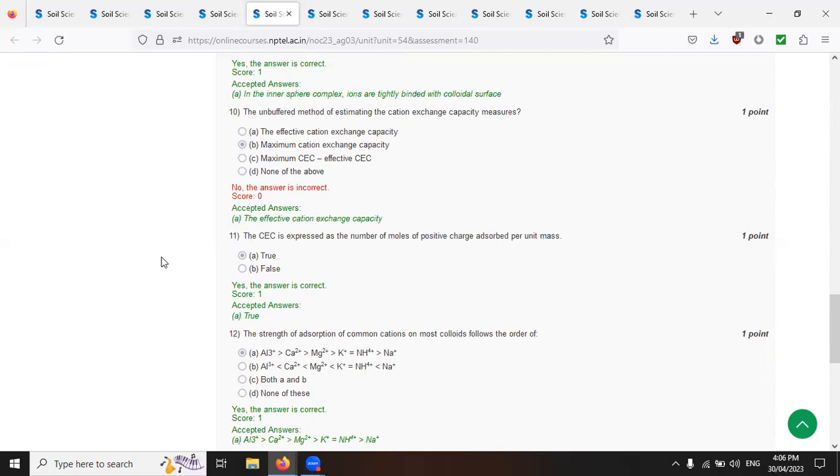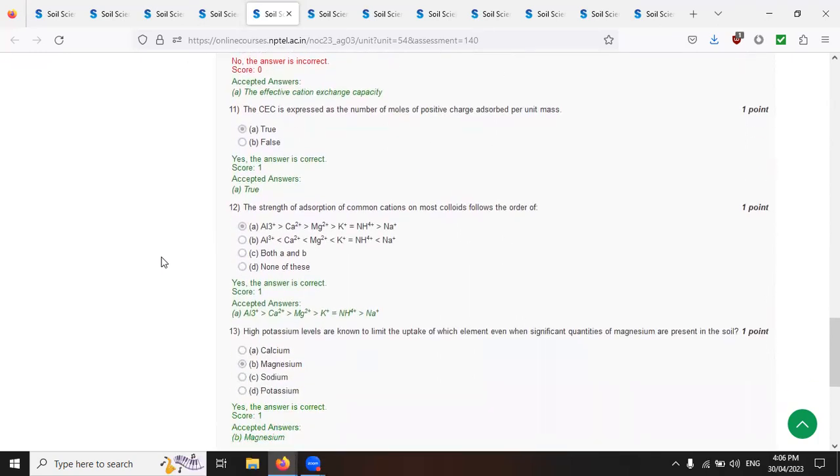Centimoles, usually expressed in. The strength of adsorption of common cations on most colloids follows the order of, what's the bonding strength? Is it aluminium at the highest or the lowest? It's definitely the highest because that's what you usually get in your alkaline soils.